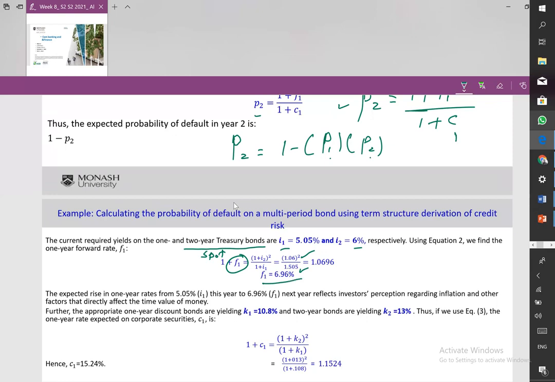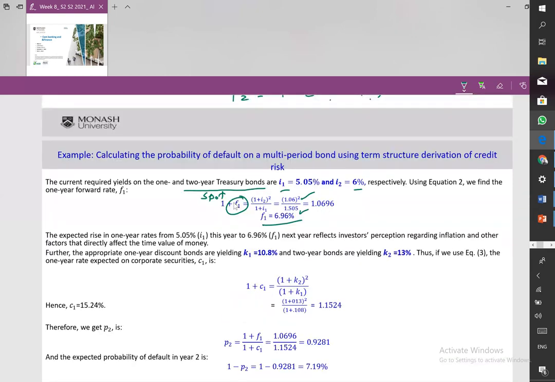I can do that for corporates, as I told you, if it is 10% for spot for 1 year and 13% for the spot for 2 years. This is the long term, as I told you. This is the short term. They offer me now in time 0.